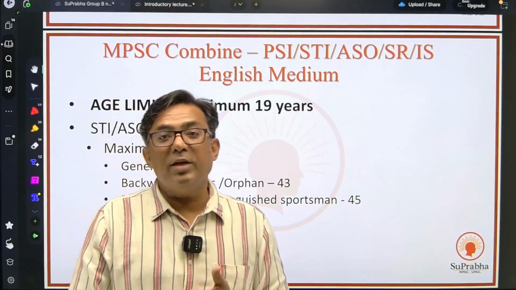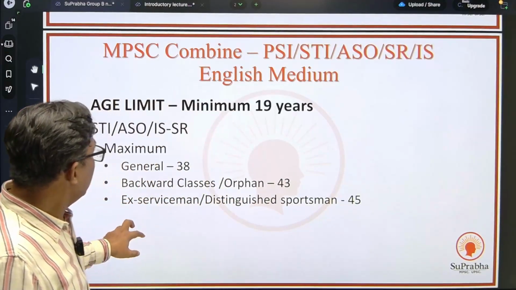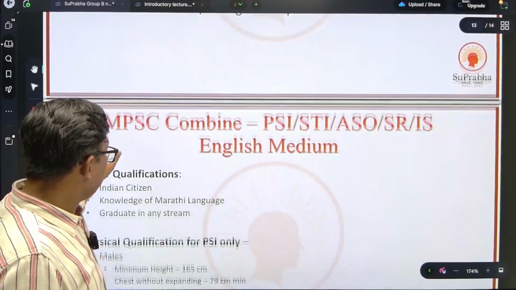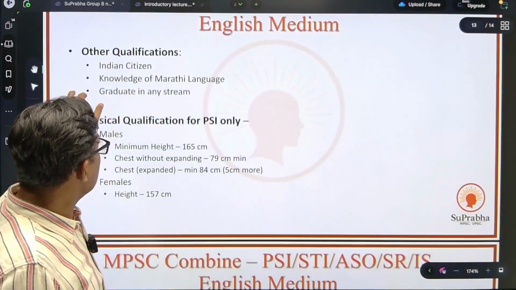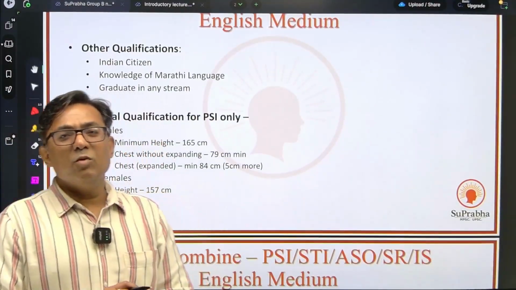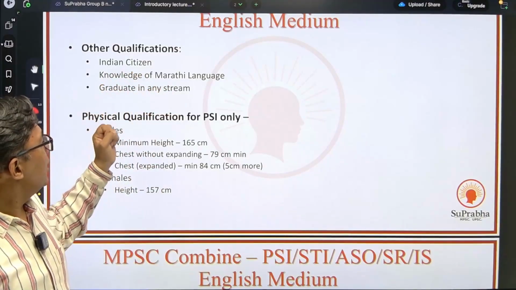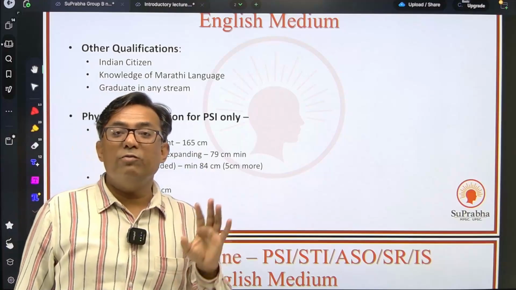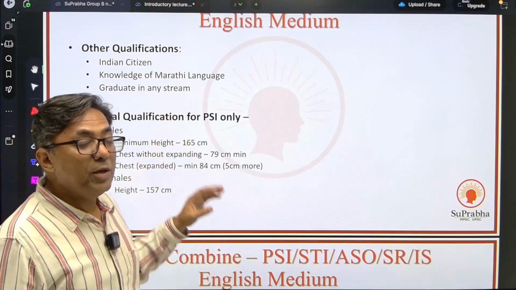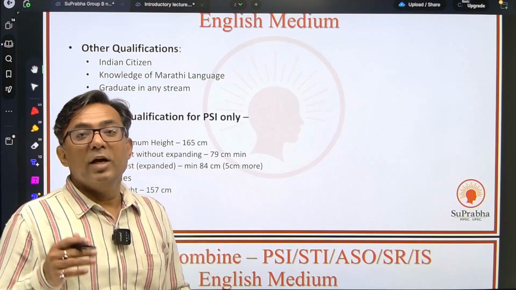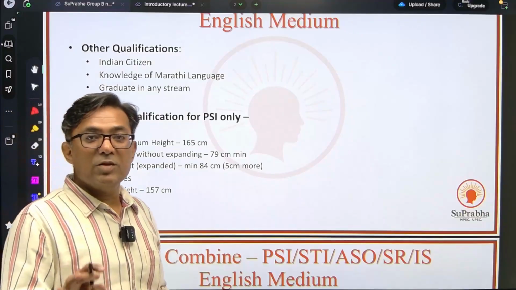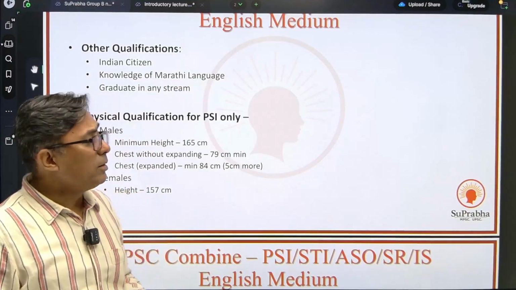There is no attempt criteria in MPSC. Fine. And if you look at the other general qualifications, you should be an Indian citizen, with knowledge of the Marathi language. So if you had Marathi as a subject in 10th standard, you will be eligible. Even if you don't have Marathi as a subject and you want to give this exam, there is a way out. You can contact us later.